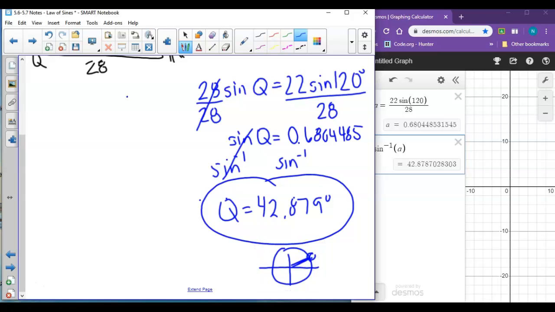However, sine is also positive over here in that second quadrant because sine is the y-coordinate. So there could be another value that would also work. So what we're going to have to do is check for the ambiguous case.